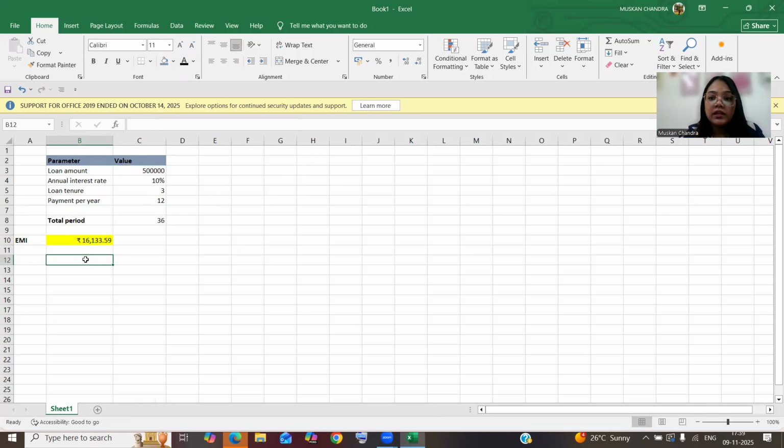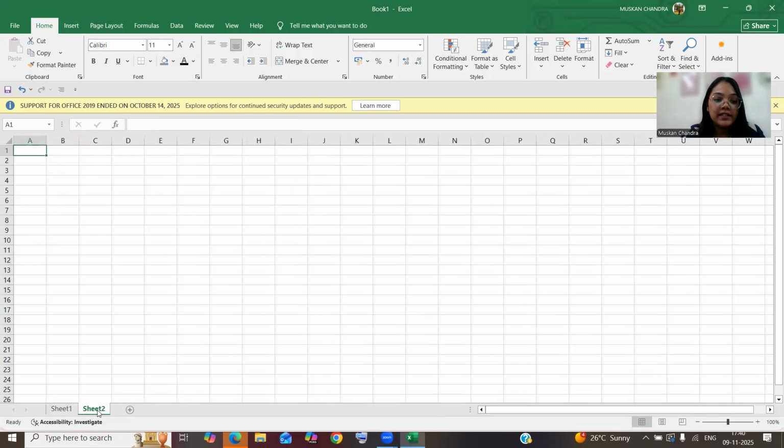Now we will build the month by month amortization table or schedule to see how each EMI is split into interest and principal. So we create a new sheet.